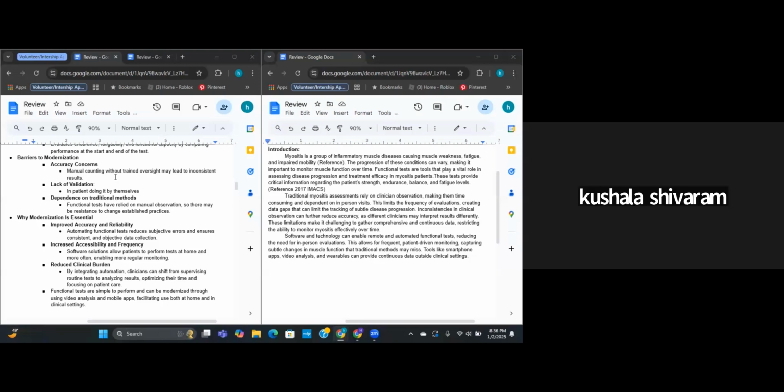Okay. So now, this is making me wonder, because the only argument that we are making in this paper is we're just going to use a software to measure these functional tests. Is modernization the word that is really appropriate? Like, what if it said computerized?